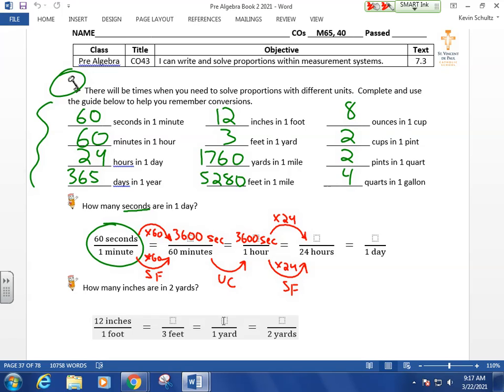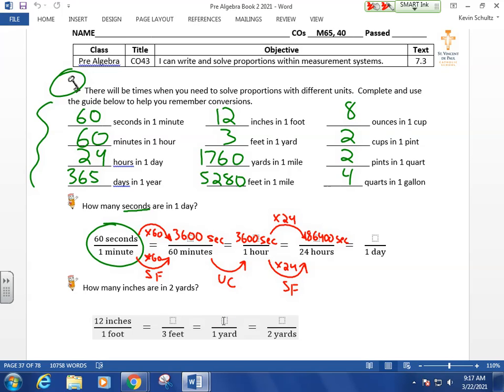Should you bring a calculator to the test with you? Yes, you should. Okay, so 3,600 times 24, you should get 86,400. Which means that there are 86,400 seconds in 24 hours. 86,400 seconds in 24 hours.